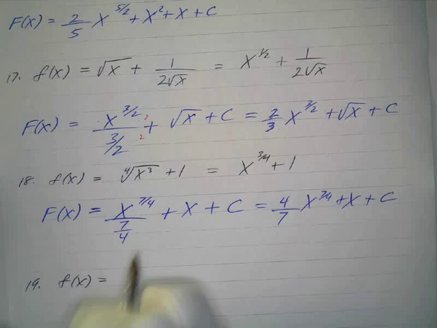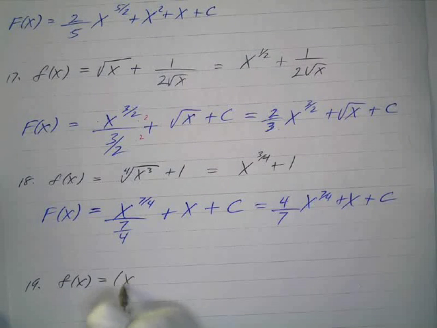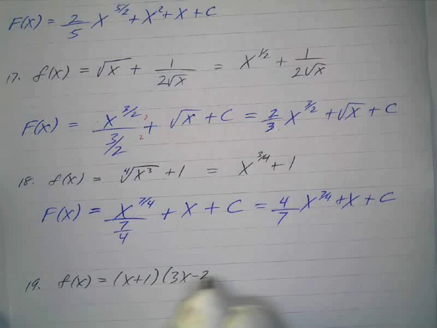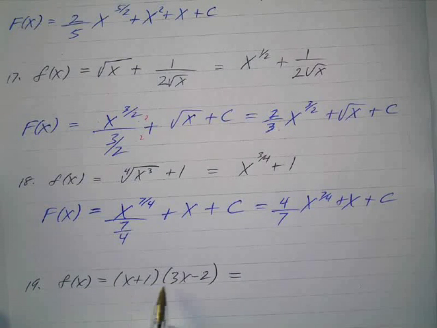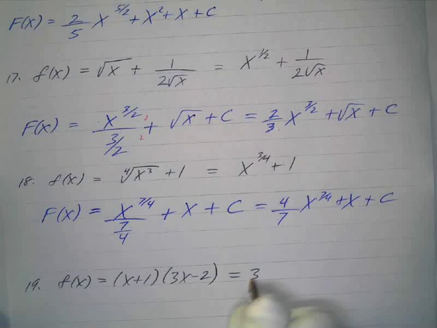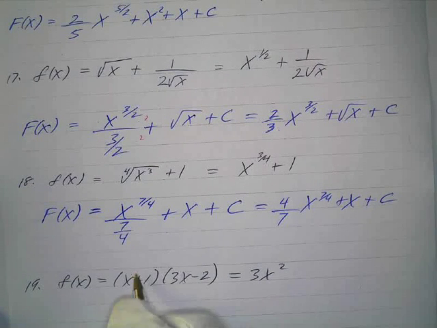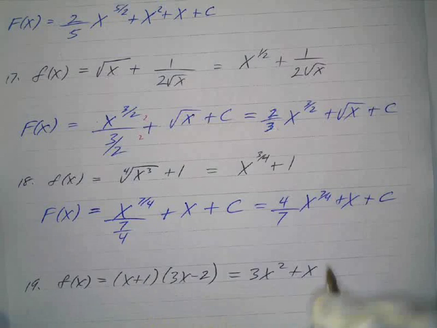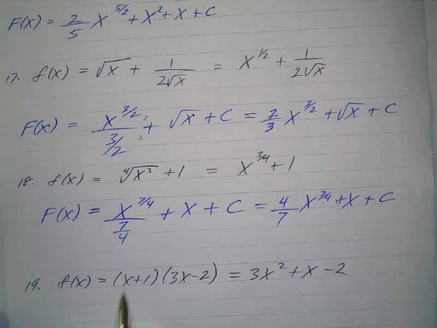F of x equals x plus 1 times 3x minus 2, and I think it's obvious we just have to multiply this out. So use the FOIL method: 3x squared, and then minus 2x plus 3x would be plus 1x, and then minus 2. Okay, just double check it. 3x squared, and then negative 2 plus 3 is positive 1, and negative 2.